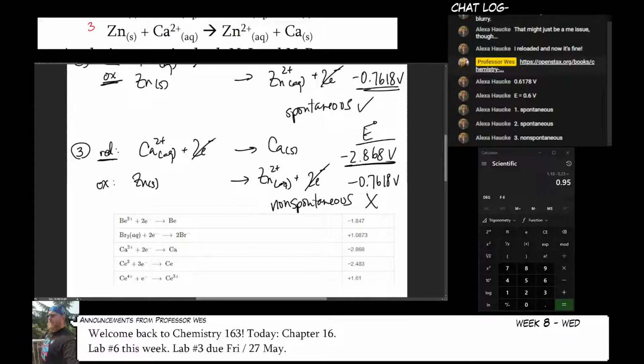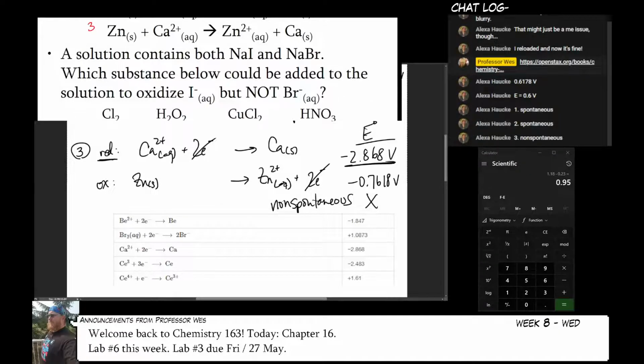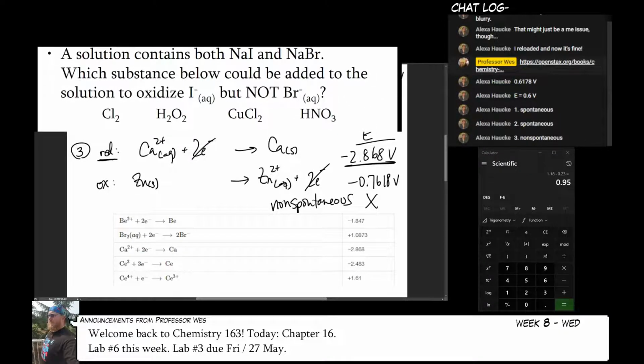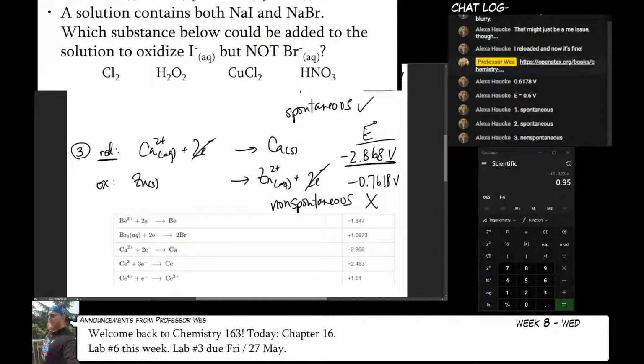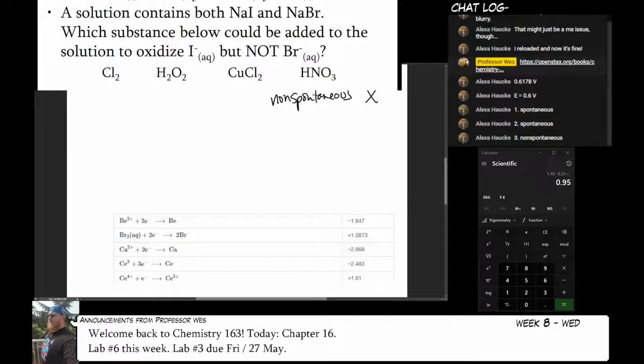Alright. How the heck do we do the fourth problem? Alright, so I have both sodium iodide and sodium bromide in my solution. So, I am trying to oxidize either of these things. So I'm going to write them both down.